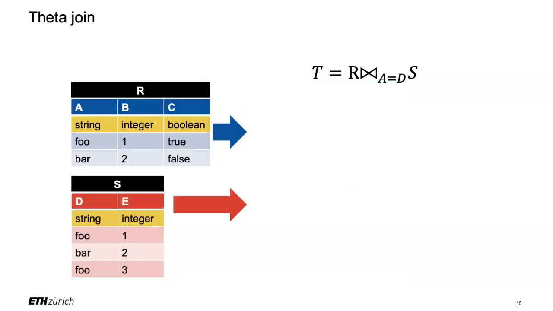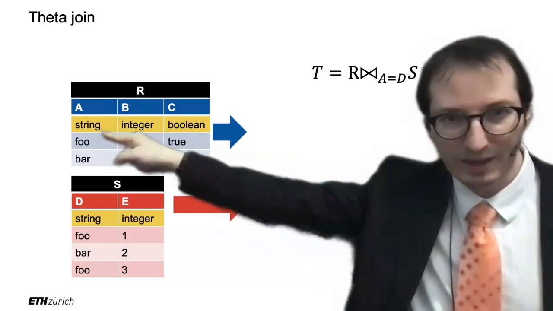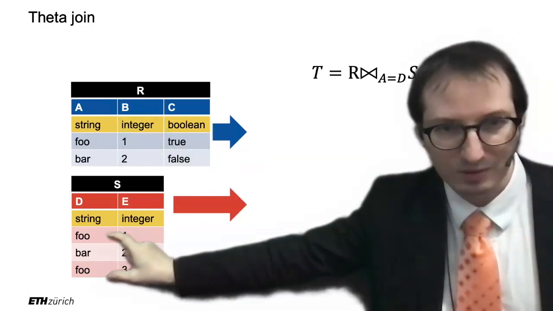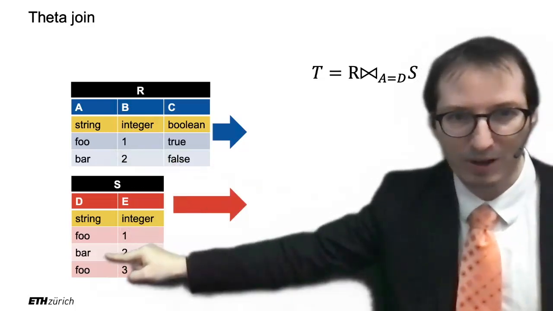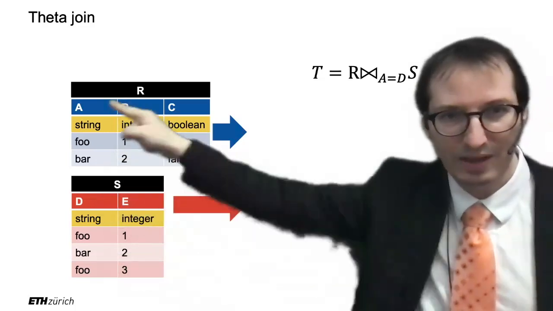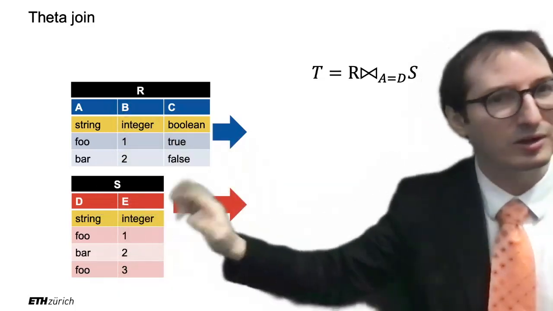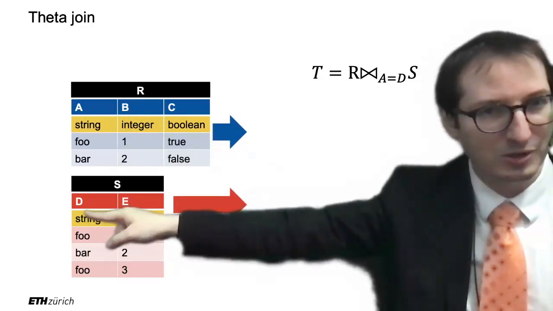For example, we have ABC and DE. So here we cannot do a natural join because they do not have any attributes in common. But we still want to match, let's say, A with D, right? Let's say we want to match the foo here in A with the 2 here twice, and the bar here with the bar here. It means we need to match A with D.